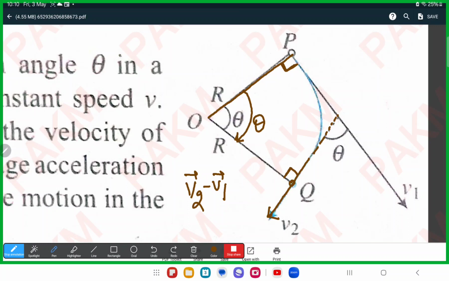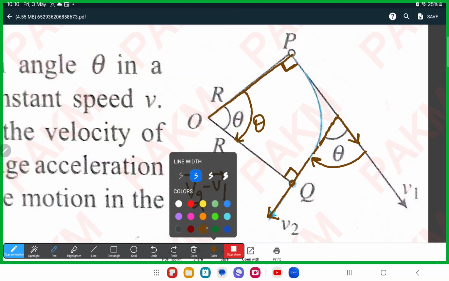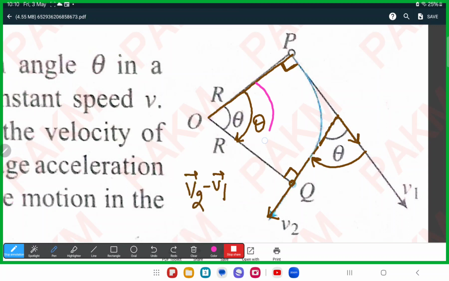This is the initial direction and this is the final direction. By what amount the initial direction changed to the final direction, that is the angle swept by the radius vector in the given moment, theta. The same angle will be swept by the velocity vector from v1 to v2. This is an important concept.